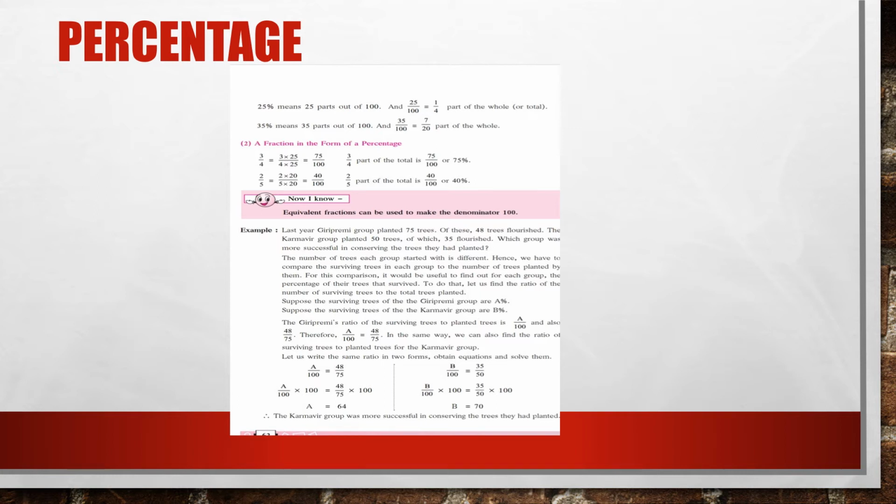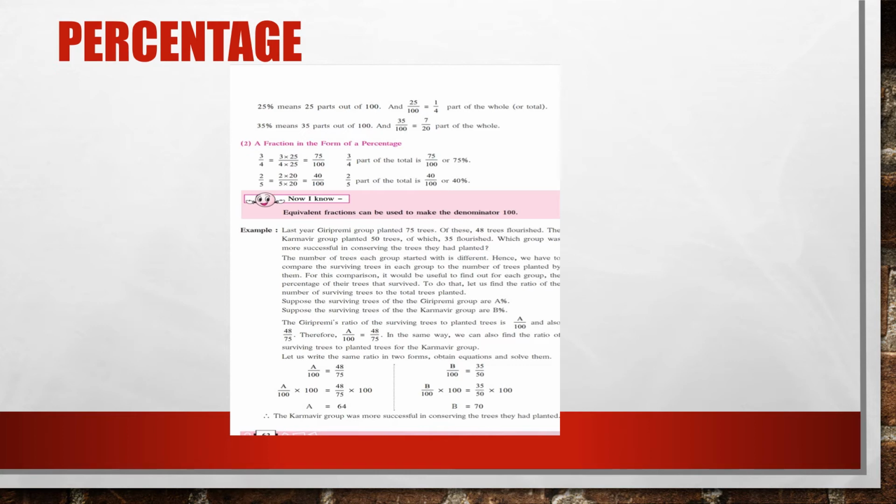As I told you, this was about the percentage already being given. But what if you have to write a fraction in the form of percentage? If it is 3 upon 4 and you have to convert it into a percentage, you have to bring this denominator 4 to 100. Which number will you multiply by to get the denominator as 100?